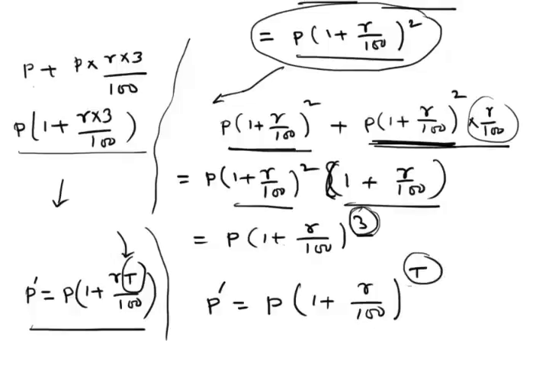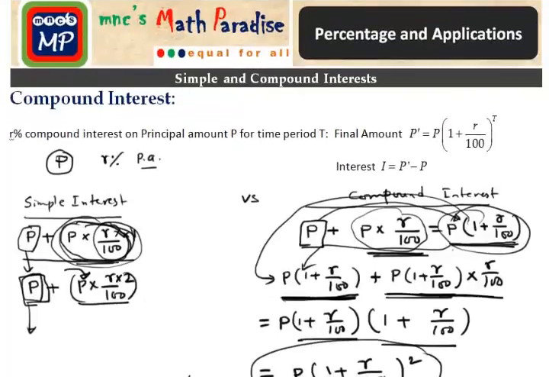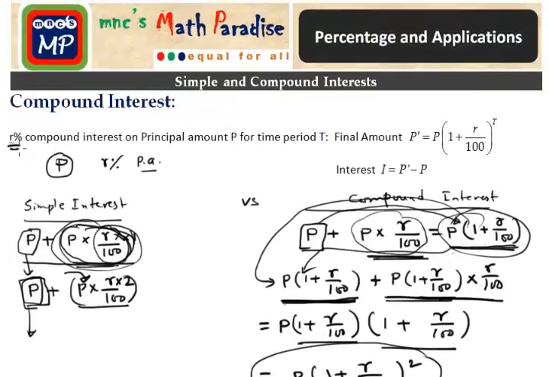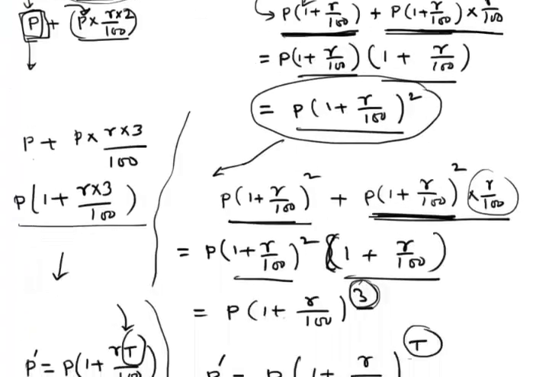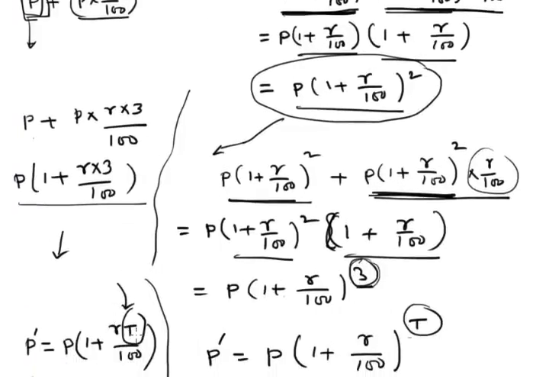So that is why at the beginning we wrote the formula that for r% compound interest rate on principal amount P over time period t, there will be no straightforward calculation for interest. The final amount will be the relation: final amount equals principal amount times 1 plus interest rate division 100 to the power t. For simple interest, t was multiplied with the interest.